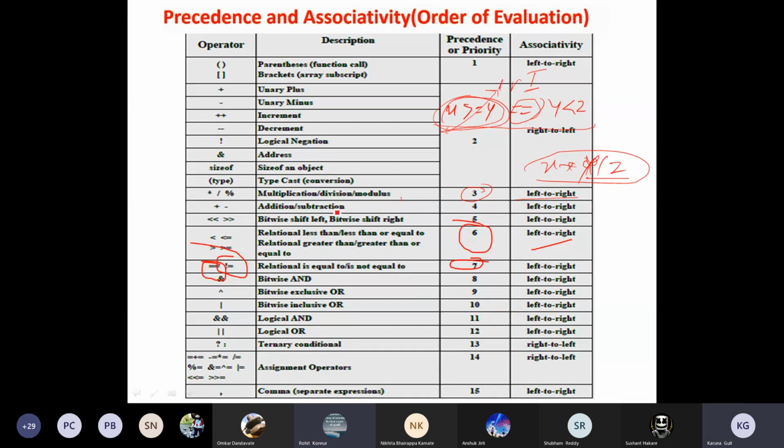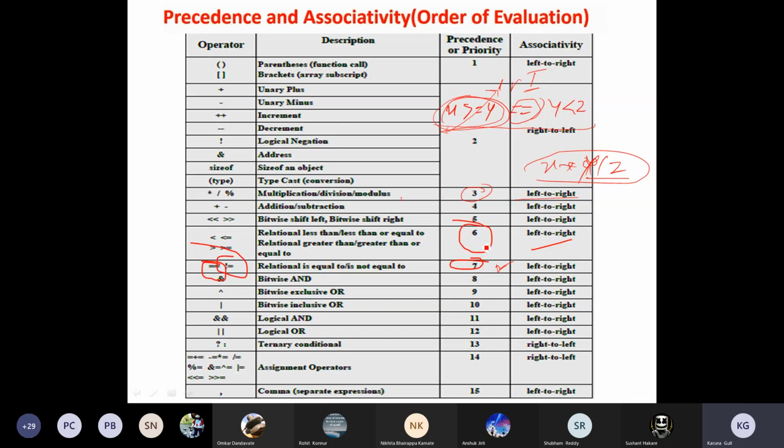Equal to, ma'am. So look at the priority again. What is the priority assigned for equal to? 7.